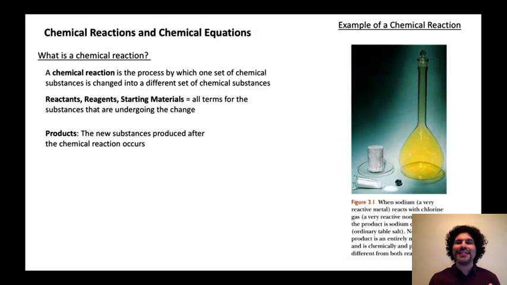If you were to react these two elements together, the product is going to be sodium chloride, which is table salt. Note, as evidence that a chemical reaction took place, that the product is very different both in appearance and in chemical properties than either of the starting materials. That is consistent with the fact that two chemical substances have been changed into a different chemical substance.